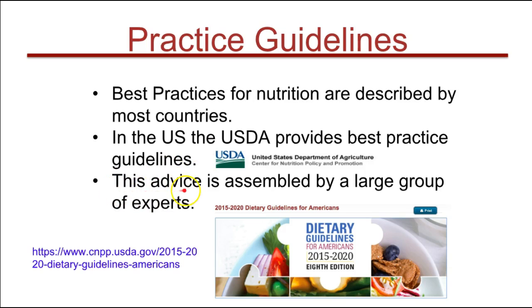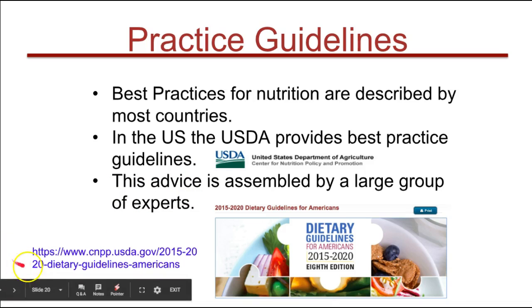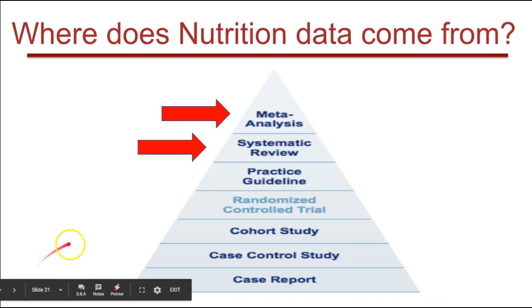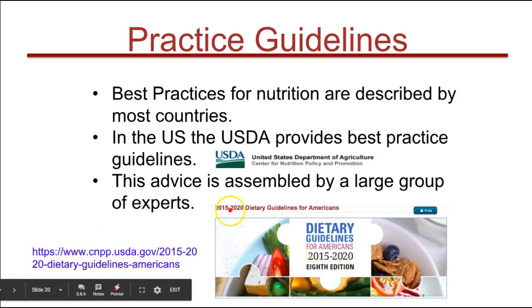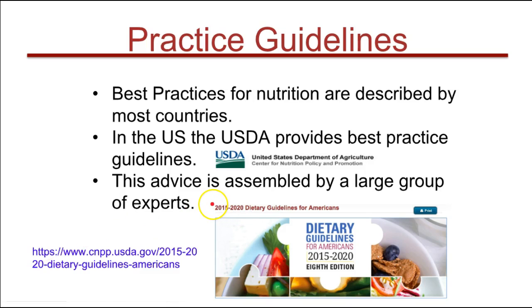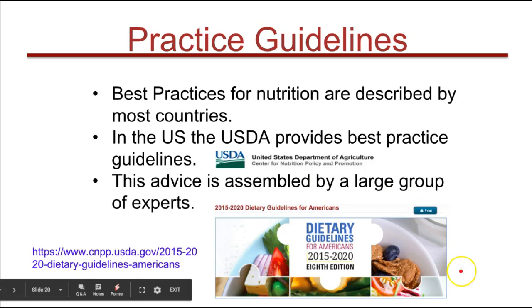This advice is assembled by a large group of experts and can be accessed at this website here at the USDA. And when you get there, you can read the guidelines for 2015 through 2020 here in this document. The latest is the 8th edition.